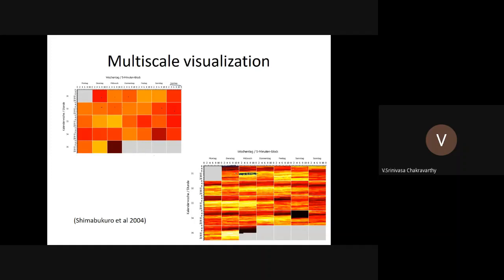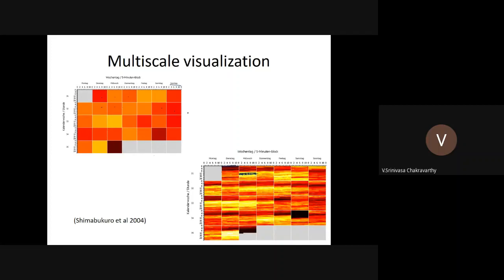So now you see, within each of these squares, a single square here represents 1 day. If you look at the color variations within a square, you can see how the temperature or whatever it is varies during the course of a day, right? Now, if you look at both these pictures, if you put them next to each other, you can very nicely appreciate the gross variation at the scale of days over the entire month.